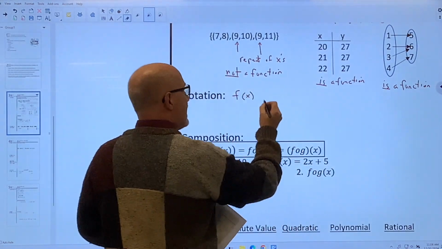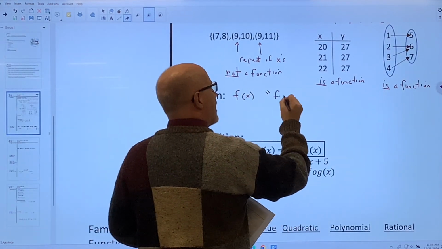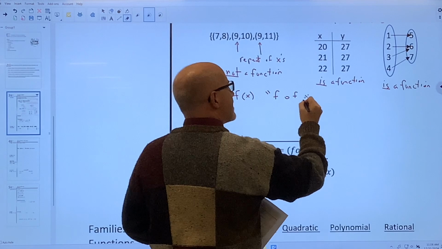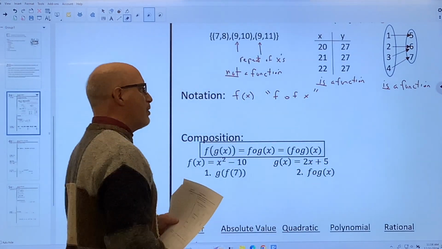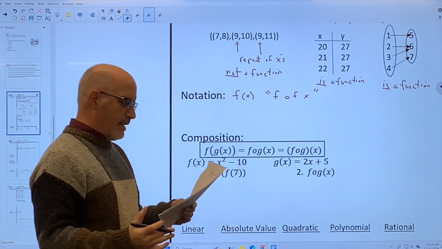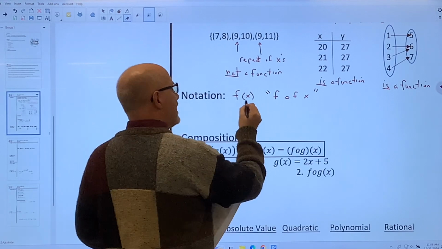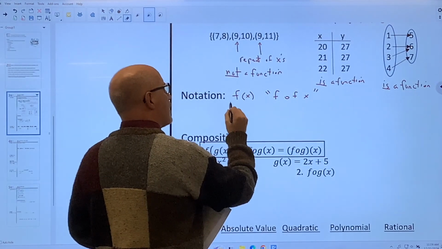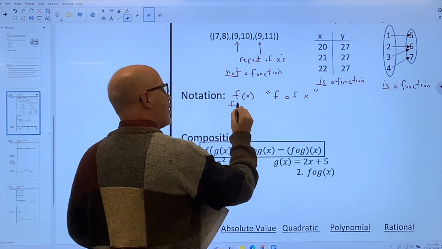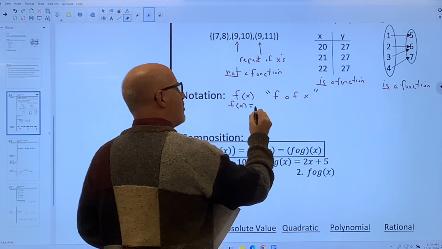This is read F of X. F of X equals usually a rule.